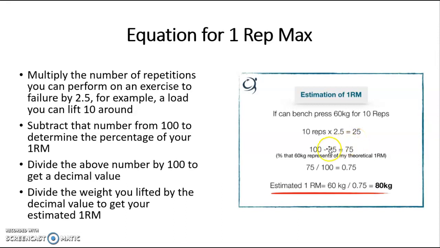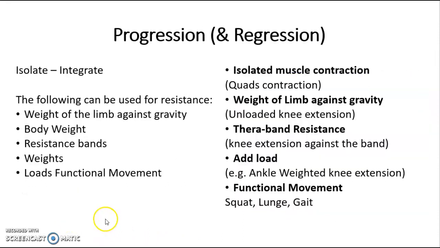Then we minus that from 100, and then we divide that number by 100, which gives us our decimal, and then we divide the weight that we lifted originally by this new number, and that gives us our 1 repetition max. This is a guesstimation, but it's very, very safe. It allows us to work out our 1 repetition max from effectively an endurance event.